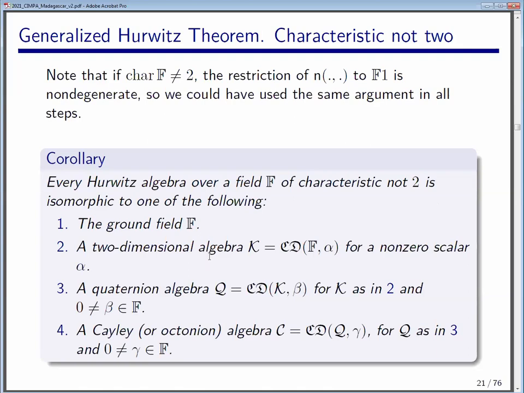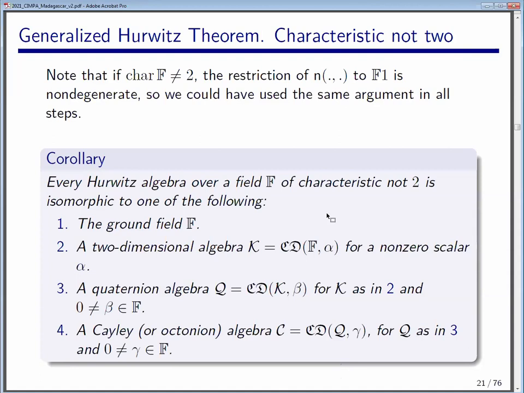So either we get the ground field, or a two-dimensional algebra obtained by doubling the ground field, or a quaternion algebra obtained by doubling a subalgebra in the second step, or a Cayley algebra obtained by doubling a quaternion algebra. And that's all. Because once we get here, this is not associative, so it has to be the whole algebra.